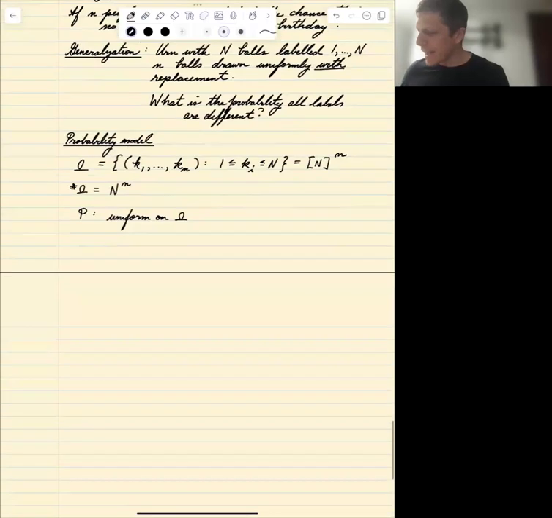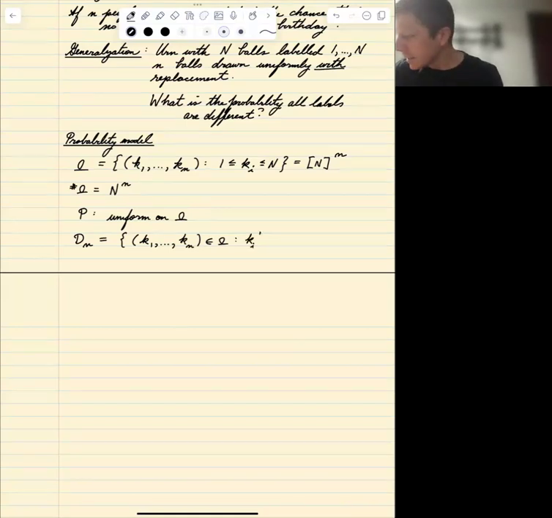We define the event of interest, D_n, as outcomes such that the k_i are all distinct.